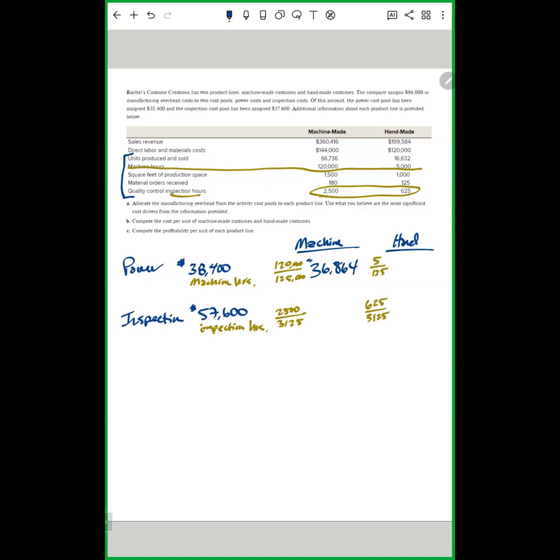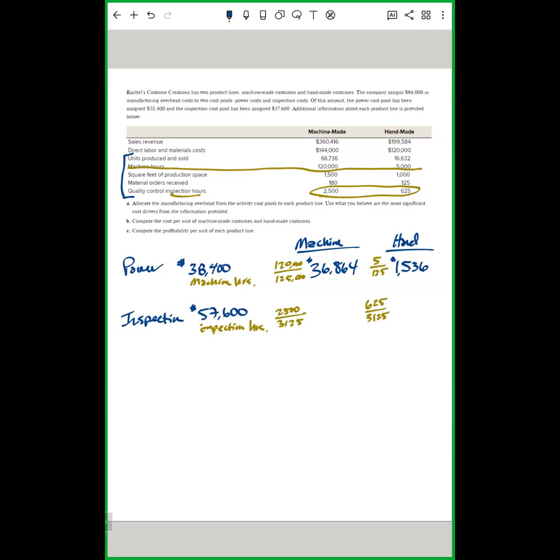All right, this is money. And then for the handmade, we take the 38,400 and multiply times 5 and divide by 125, and I get $1,536. And if we add the 1,536 plus the 36,864, that gets me back to the 38,400. So everything worked there like it was supposed to.